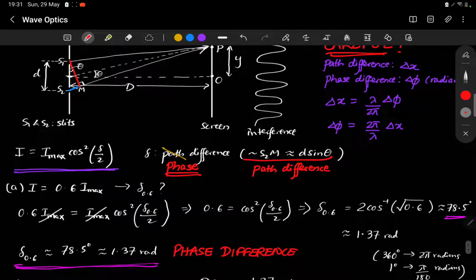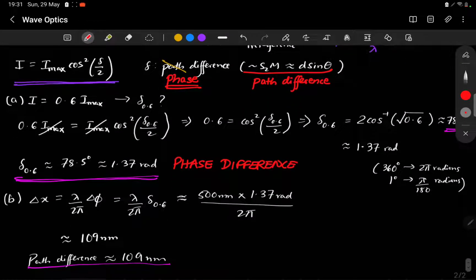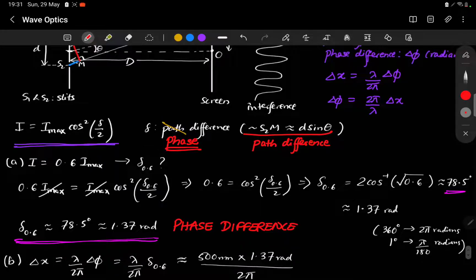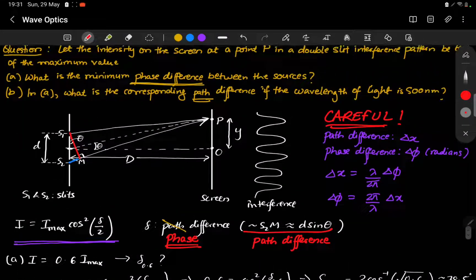Phase difference can be in degrees or radians, and when it is taken in radians, from that we can find the path difference as we did in this question. So this solves the question on Young's double slit experiment and phase and path differences.